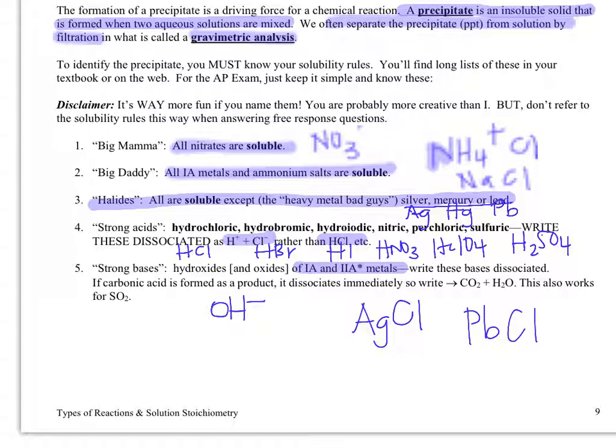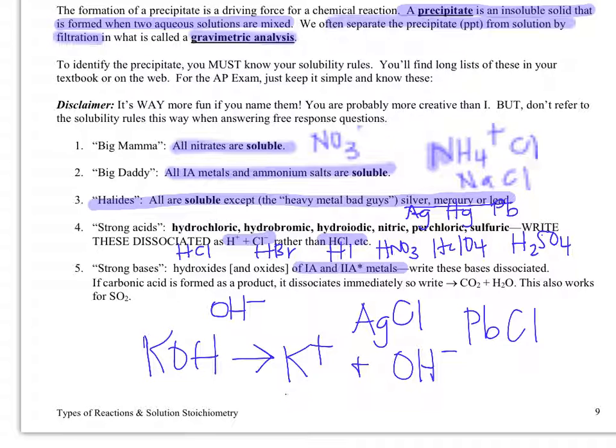Let's choose a group 1 metal, how about potassium? Instead of existing as potassium hydroxide, if I add water to potassium hydroxide, it will dissociate and form potassium ions and hydroxide ions. It won't exist as KOH, it will exist as K plus ions and OH minus ions. By definition, they are very, very soluble.